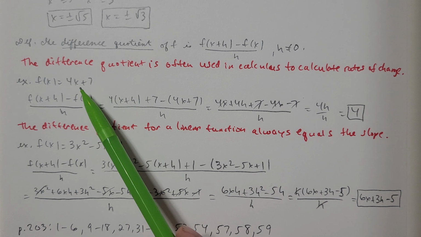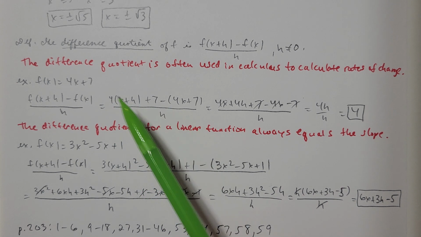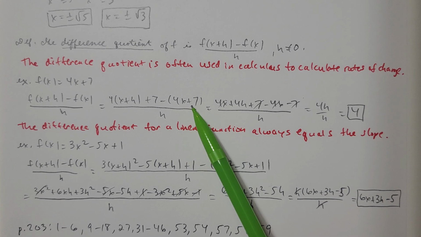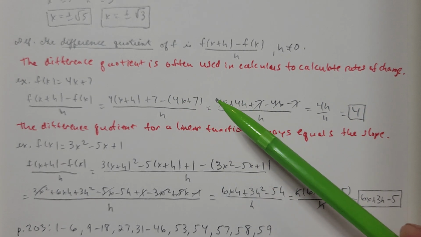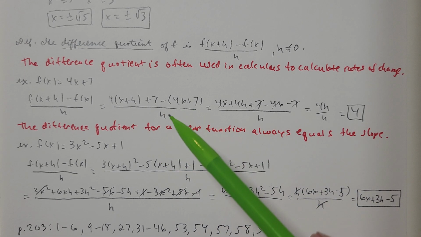So I got 4 times x plus h plus 7 minus f of x. So minus 4x plus 7. Now you're subtracting the whole thing, 4x plus 7, so you'll need parentheses around that 4x plus 7 there. That's necessary to have. And this is all over h.